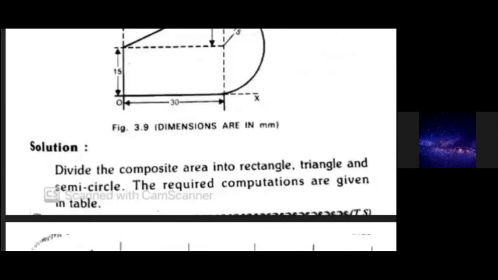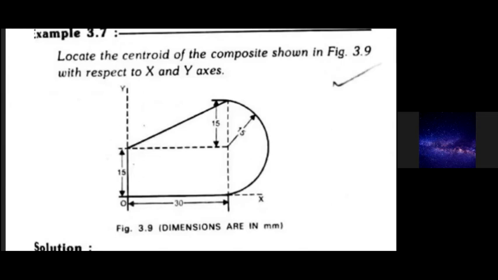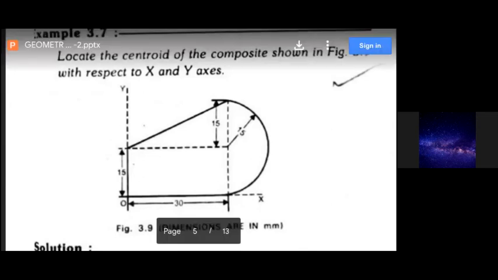Find the area of the triangle. This triangle area is half into base into height, that is half into base 15 into 30. And for the semicircle, the radius is 15 mm. Find the area, that is pi r square by 2.